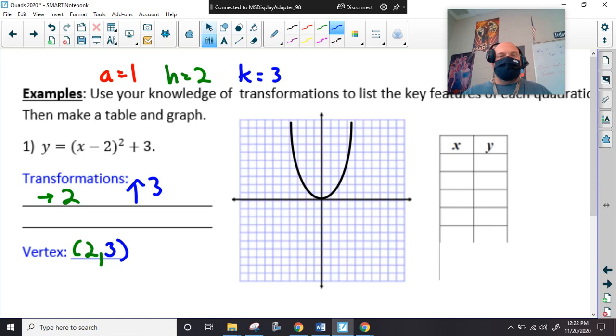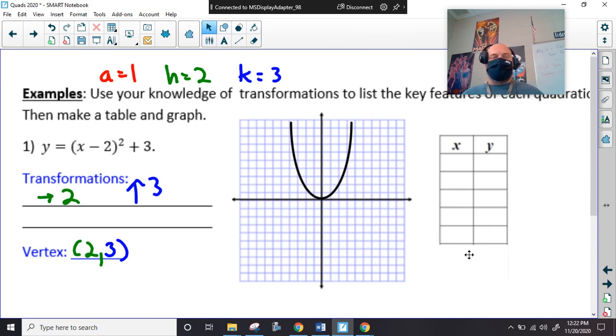Okay. So 1, 2, 3, 4, 5. All right. Now, I kind of whited out the last two boxes on my chart because I'm the one teacher that never wanted 7 points. I thought that was a little redundant. All right. So our H of 2 goes here, and our K of 3 goes here.